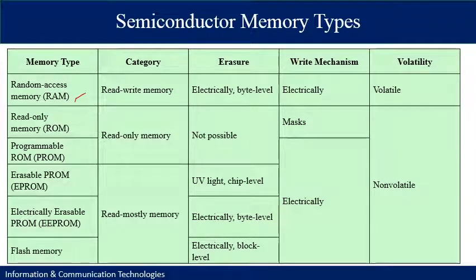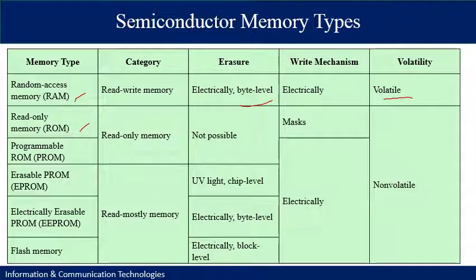You can use electrical levels or electricity to write and read from the RAM, and the read or write mechanism is addressed at the byte level. It is volatile, so whenever you turn off the power, it will lose all the content.